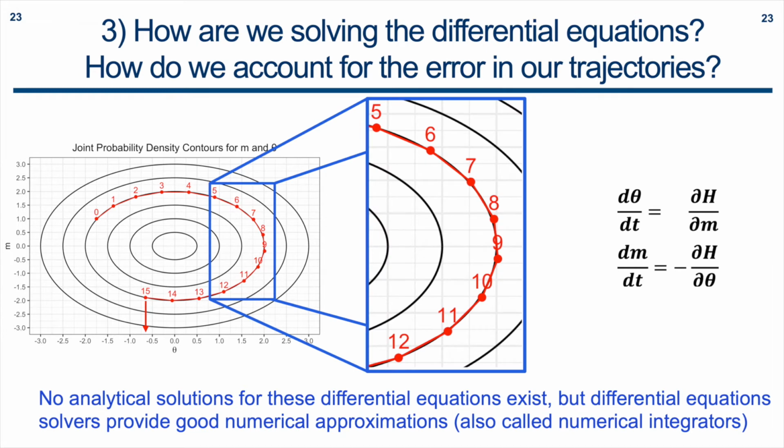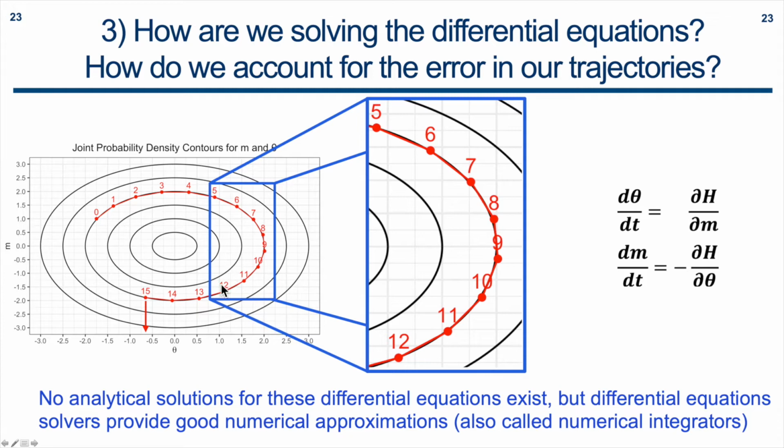One thing that I've essentially sidestepped up to this moment is how we are actually solving these two differential equations. So we have these differential equations over here, but I haven't talked about how we're going to solve those. We're going to go into that in a moment. But one of the things you notice is that they're imperfect. So here I've tried to highlight this part of the graph.